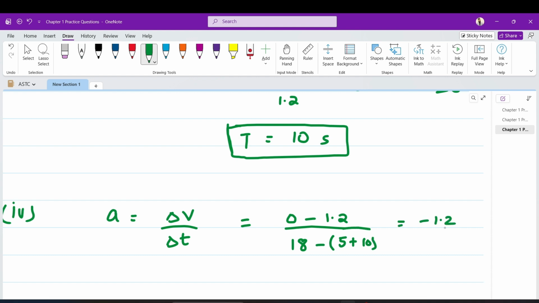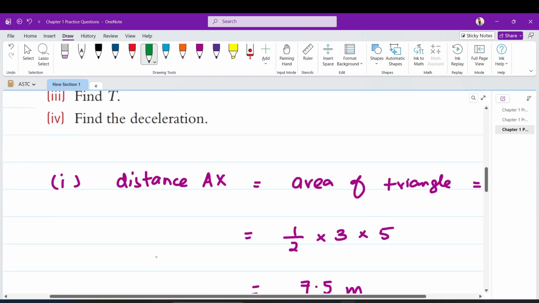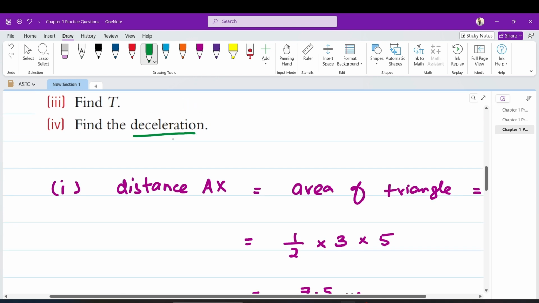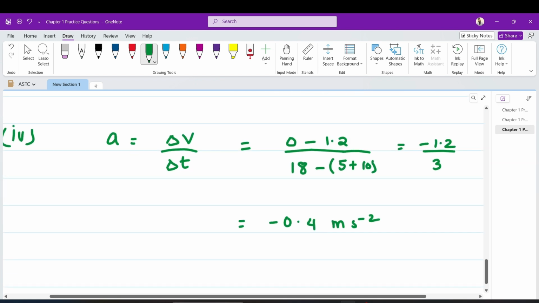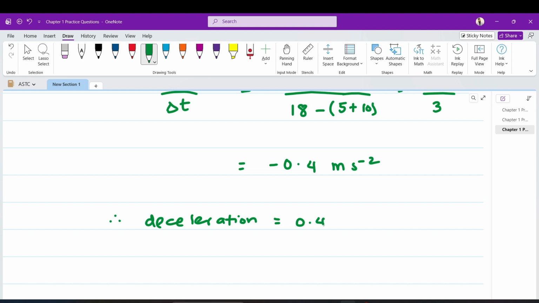So that will be minus 1.2 divided by 3, which gives us minus 0.4 meters per second squared. Since the question is about deceleration, we'll simply state the magnitude and not the minus sign. Therefore, deceleration is equal to 0.4 meters per second squared.